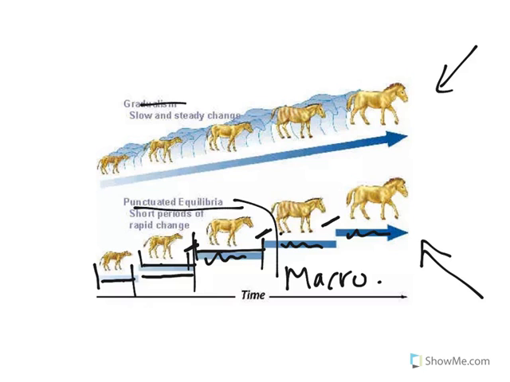So if you look at gradualism, what's actually happening is this animal isn't staying steady, it's slowly accumulating changes. And that leads to a new organism. And that organism slowly accumulates changes. So what we actually have here is this organism is the same as this one, is the same as this one, is the same as this one. They're all the same. They're just changing along the way.